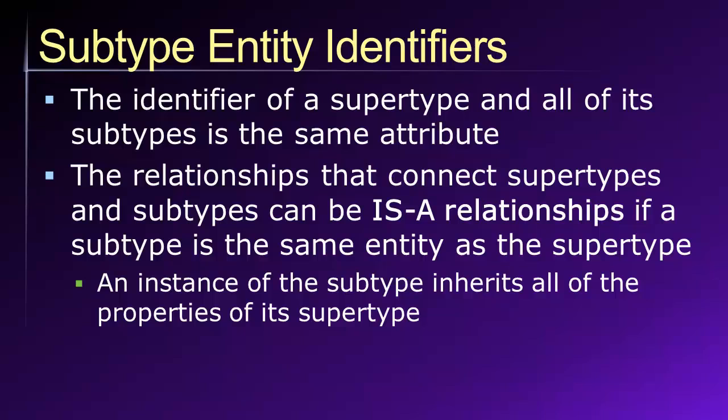So an employee has a locker, or an employee has a parking space. In supertype-subtype relationships, if the subtype is a specific case of the supertype, then we can call that an is-a relationship.